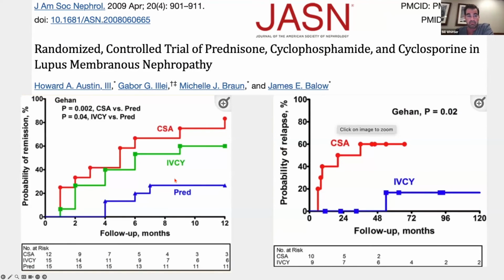So how about 1 month before the ALMS trial came out? This came out in JASN, which is a randomized, the only RCT that I know of to date in pure lupus membranous nephropathy. It was by the Austin group at the NIH, and they randomized patients to one of 3 different arms: either cyclosporin, which was the prevalent thought of how you treat membranous at the time, I'm talking about primary membranous in 2009, versus IV cyclophosphamide versus prednisone alone.